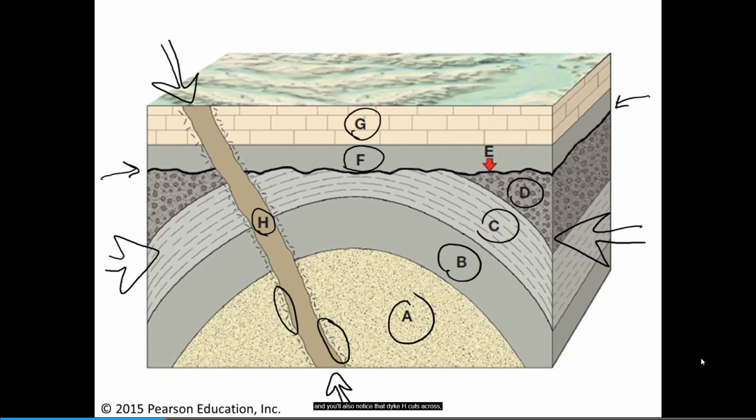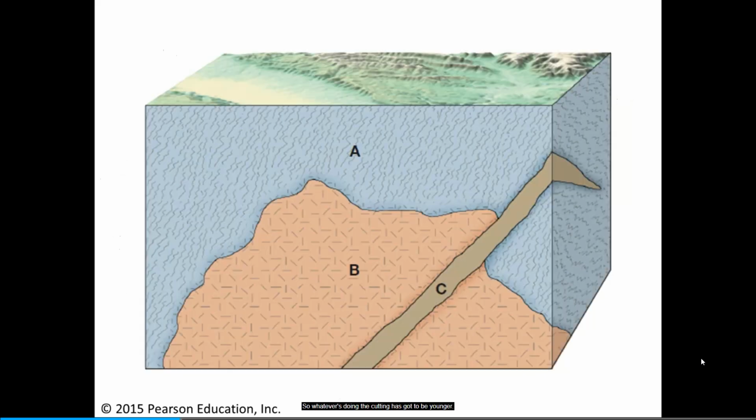And you'll also notice that dike H cuts across, say, the unconformity surface E. So therefore, that dike must be younger than the unconformity. It also cuts across all the rock layers that we've mentioned, so therefore that dike, H, has got to be the youngest thing in this diagram. One way of summarizing the principle of cross-cutting relationships is that the cutter is always younger, so whatever's doing the cutting has got to be younger.